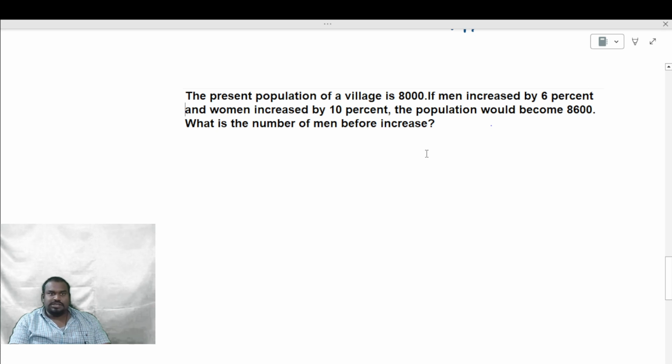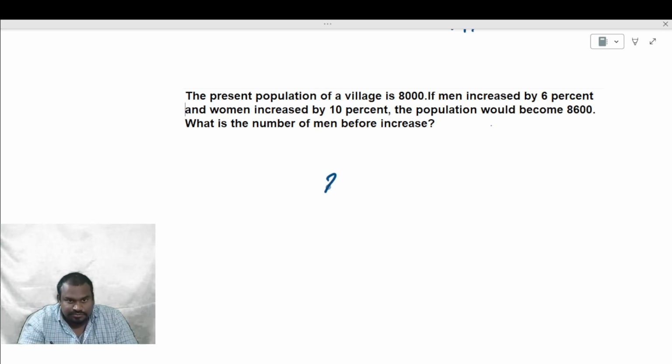Men increased by 6% and women increased by 10%. The population becomes 8,600 if that happens. So 8,000 will become equal to 8,600.